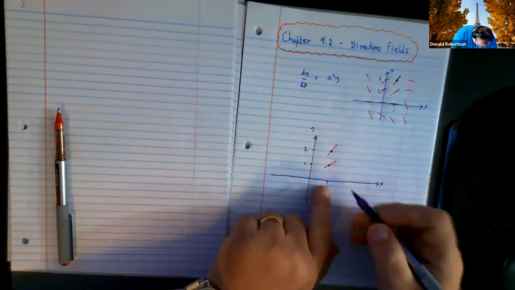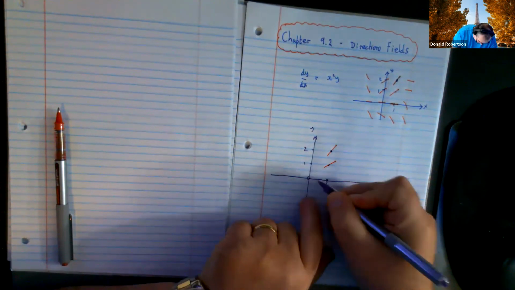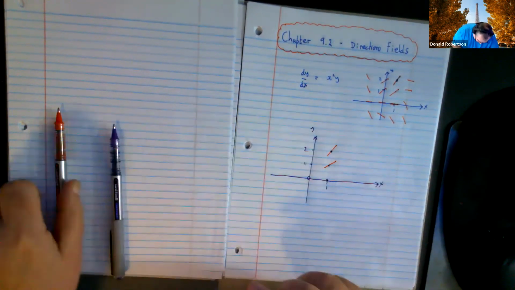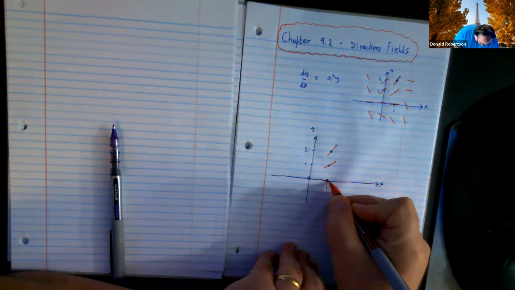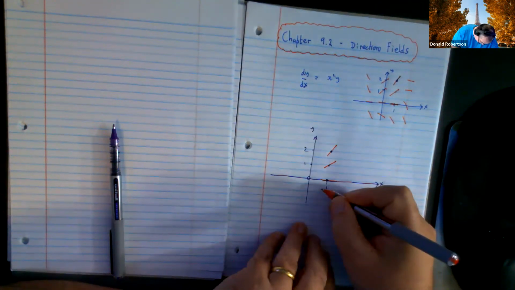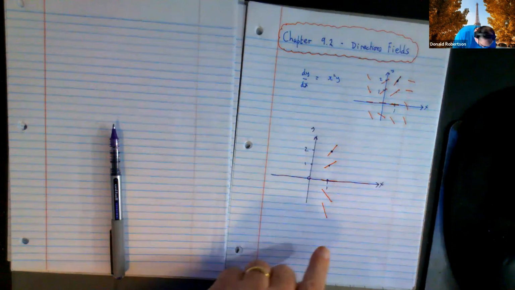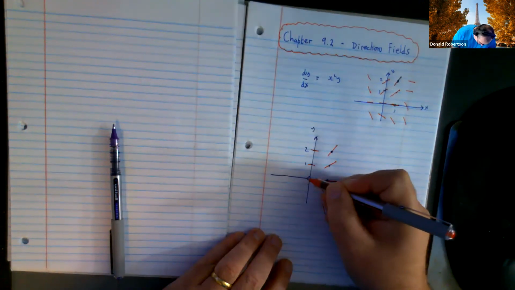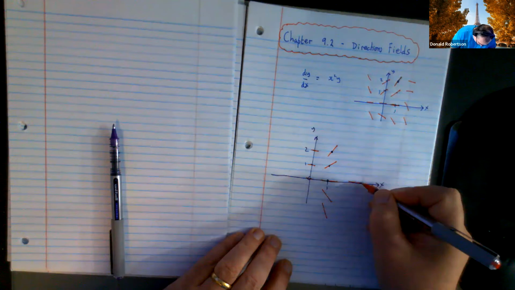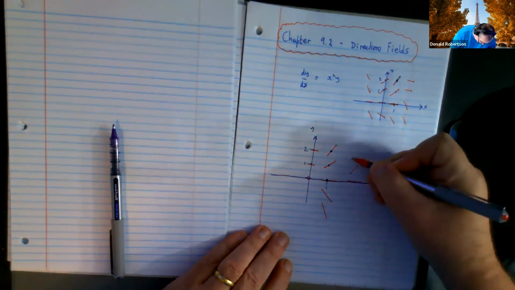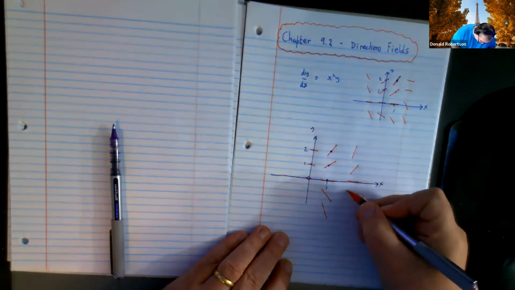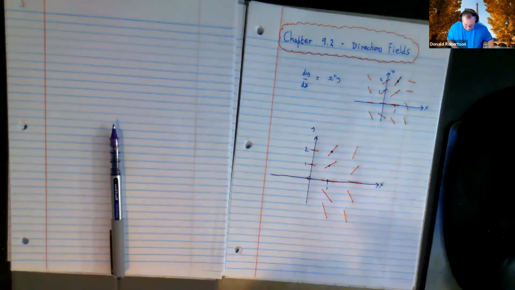And if you wanted to get this guy here, which is at 1, 0, its slope would be 0, and it would look like this. And you'd have one going like that, and one going like that. So you can imagine for all these different points a whole sequence of little lines that look like that.